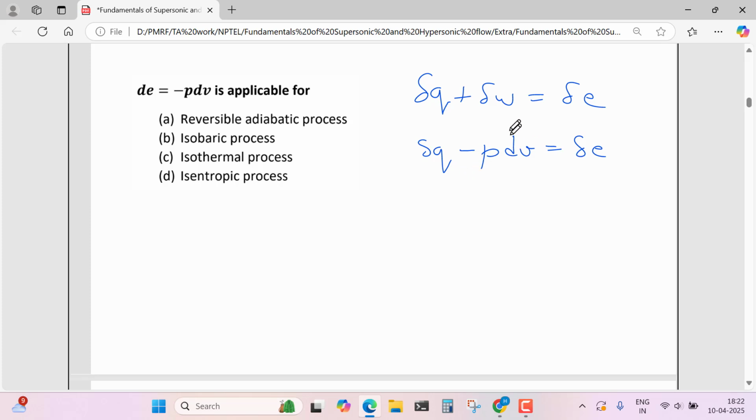For a reversible process, del W is minus P dV, and if the process is adiabatic also, then del Q equal to 0. So del E equal to minus P dV. And a reversible adiabatic process is also called an isentropic process. So this will be applicable for the isentropic process also. So options A and D will be the correct options.